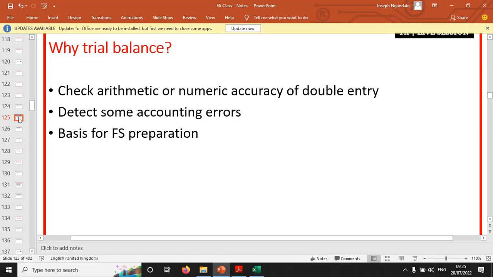Because you see, some people already know the format of the balance sheet. It is not right for you to be balancing from the balance sheet. Balance first from the trial balance, so that you can demonstrate professionalism.